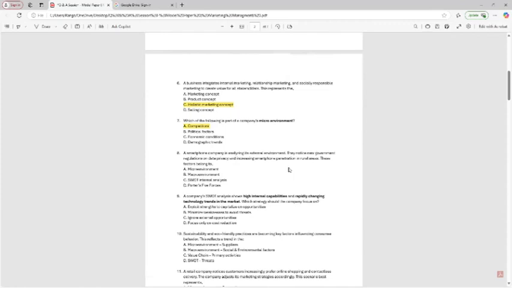What is the answer? It is macro environment, because the new government rules and regulations on data privacy and increasing smartphone penetration in rural areas both go with the macro environment, not the micro environment factors. So the correct answer is B.